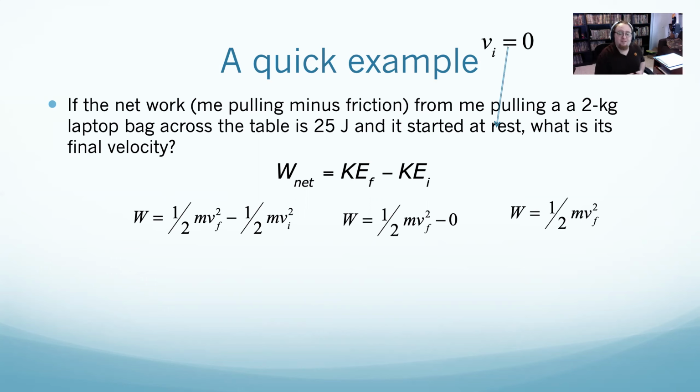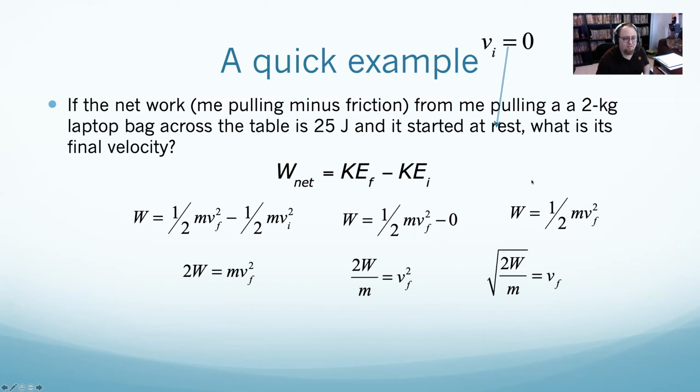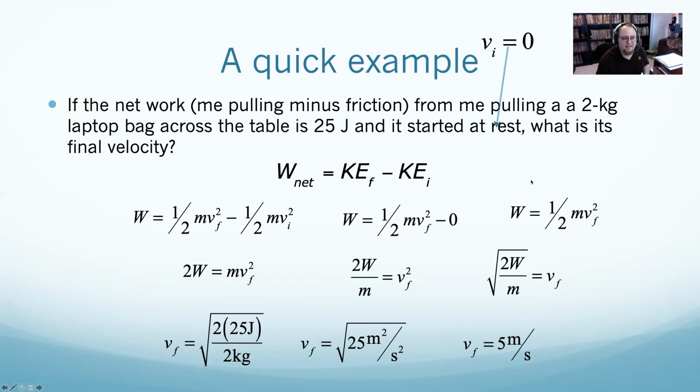If I want to find the velocity when I pull this thing, I'll simply multiply both sides by 2, divide both sides by m, and square root. And I can plug in my numbers and get an answer. And say if I pull this thing from rest, it'll then be going at 5 meters per second using that much work.